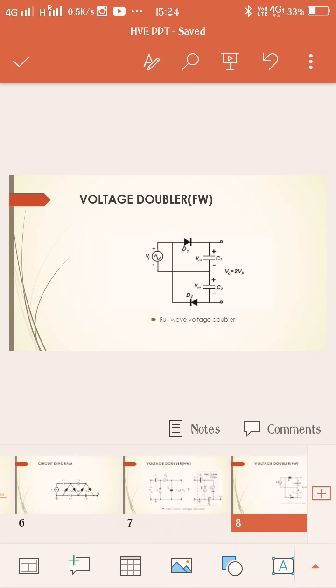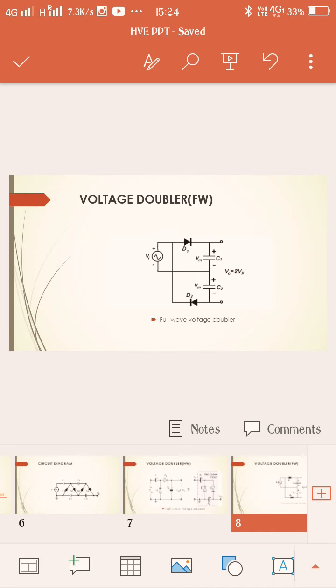This is a full wave voltage doubler. The figure shows another voltage doubler circuit known as full wave voltage doubler. In this circuit, during the positive half cycle of AC input voltage, diode D1 conducts charging capacitor C1 to a peak voltage Vm with polarity. The diode D2 is cut off at this time.